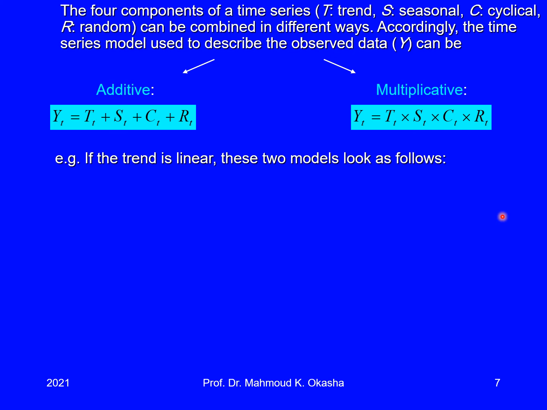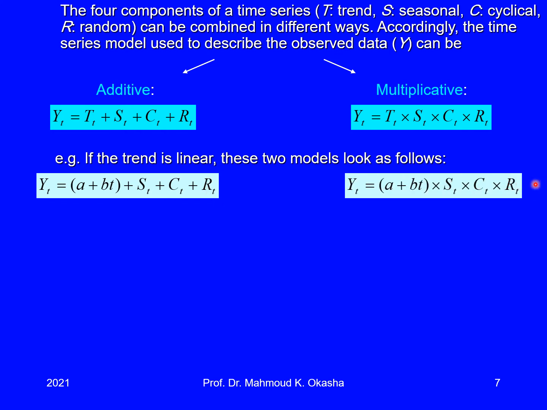If the trend is linear, those models look as follows. T is linear, and that's the seasonal component, and C is the cyclical component, and that's the random variation R. That's the additive model, or the multiplicative model.